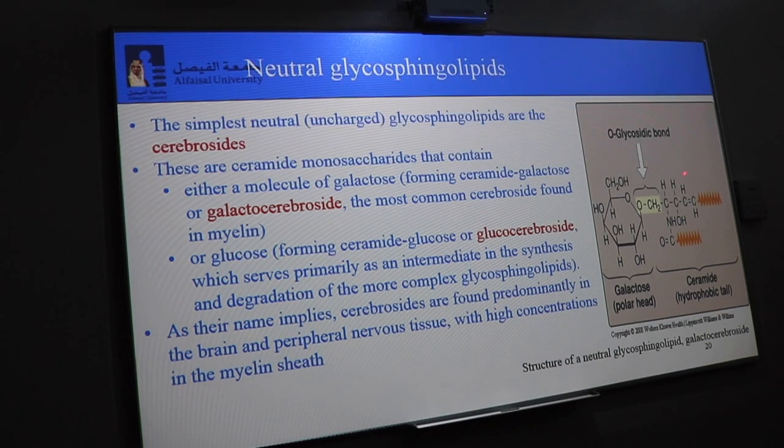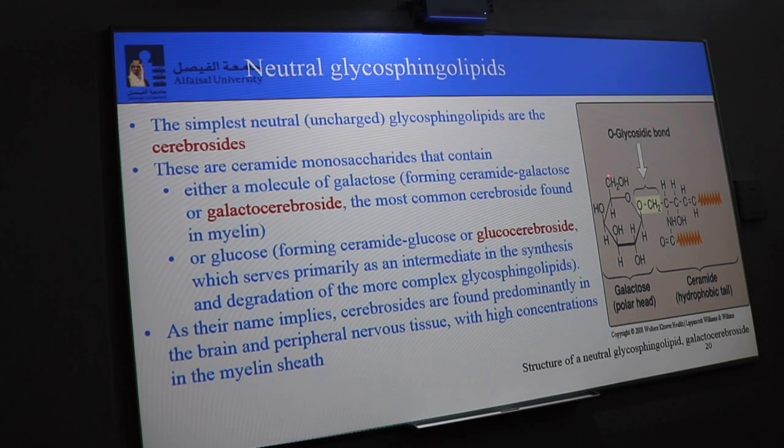So let's see. We have two major types of glycosphingolipid: the neutral glycosphingolipid and the acidic glycosphingolipid. The neutral glycosphingolipids are the simplest type, and they are not charged. They are composed of ceramide and a monosaccharide, and they are called cerebrosides.